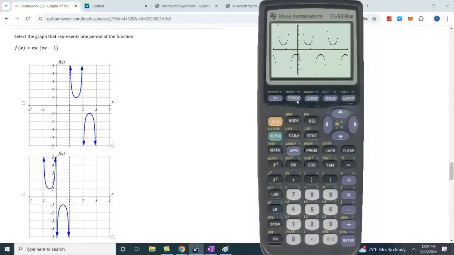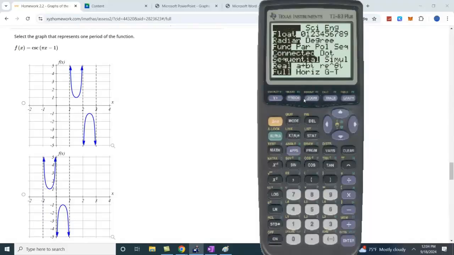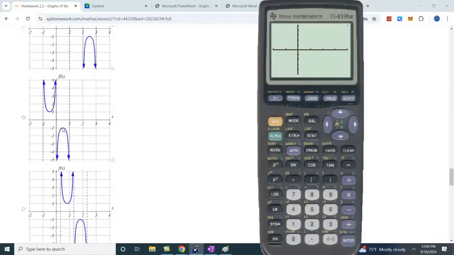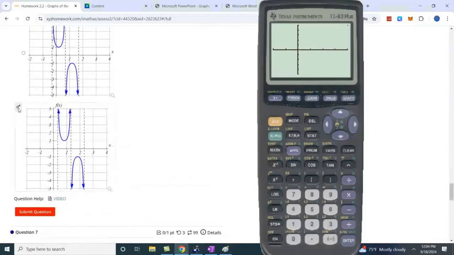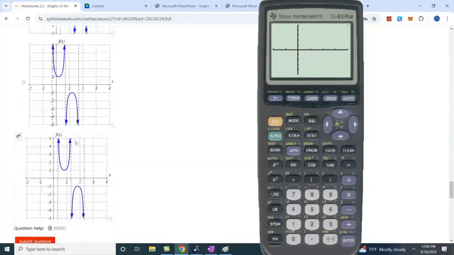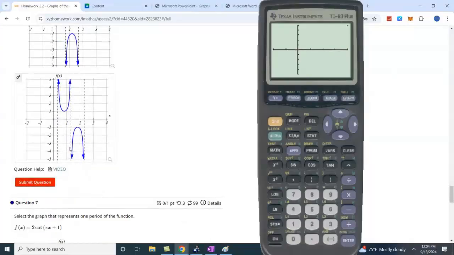I don't know why it's not lining up exactly. Let me check something else. Well, there wouldn't be degree because I'm not in degree mode. And it's saying that this one is the right answer, but that can't be right.